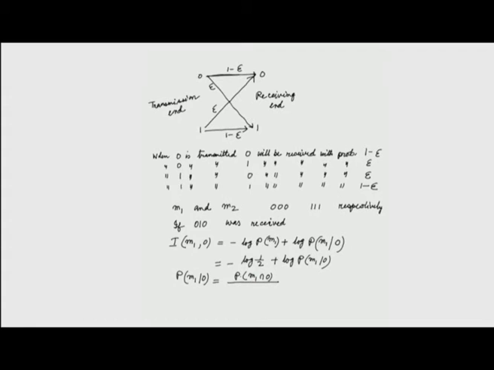M1 is transmitted as well as 0 is received, this probability, and in the denominator probability that 0 is received, and this can be written as probability that M1 intersection 0 divided by probability of M1 into probability of 0 given M1 plus probability of M2 into probability of 0 given M2.